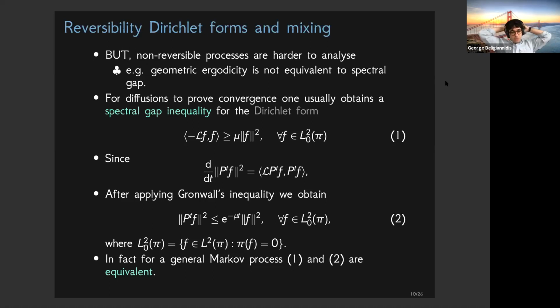So obviously, there's no free lunch. By starting to look at non-reversible processes, although we have more flexibility, they're harder to analyze. The first thing to go, for example, is that for non-reversible processes, geometric ergodicity is no longer equivalent to spectral gap. Obviously, I have to quantify these terms because there may be many things that someone could call geometric ergodicity and many things one should call spectral gap.